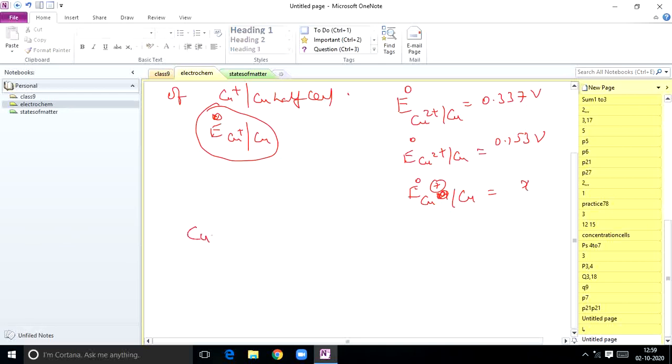Given Cu2 plus plus 2 electrons gives rise to Cu. Here the E naught, standard reduction potential value for this redox reaction, is given as 0.337 volts. So this is equation 1. Okay students, this is equation 1. Next, what about equation 2?